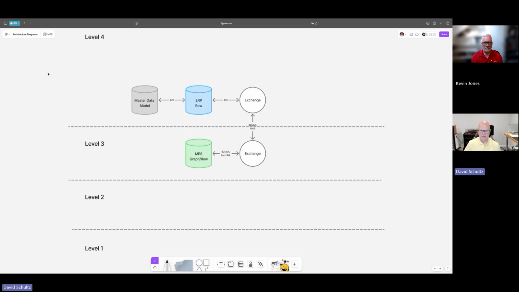Again, because this is transactional information, more often than not, most of the MES on the market are going to use a database schema that is row-based. Something that's new is using knowledge graphs for MES, because you get into a lot of complexity within your MES, and oftentimes you just don't have the ability to define all those relationships through the primary and foreign keys that are very common within these row-based, SQL-type databases.